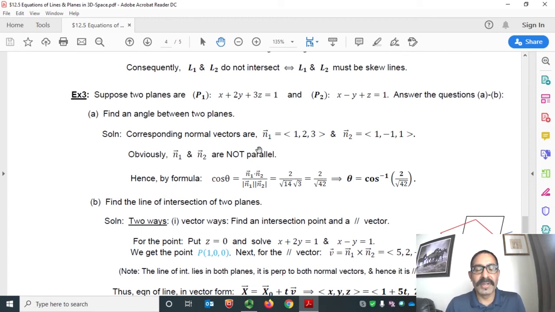So the corresponding normal vector of the first plane is n1, which is 1, 2, 3, just the coefficient of x, coefficient of y, coefficient of z. That's how we extract the normal vector. Similarly, n2, the normal vector to the second plane, is 1, minus 1, 1.